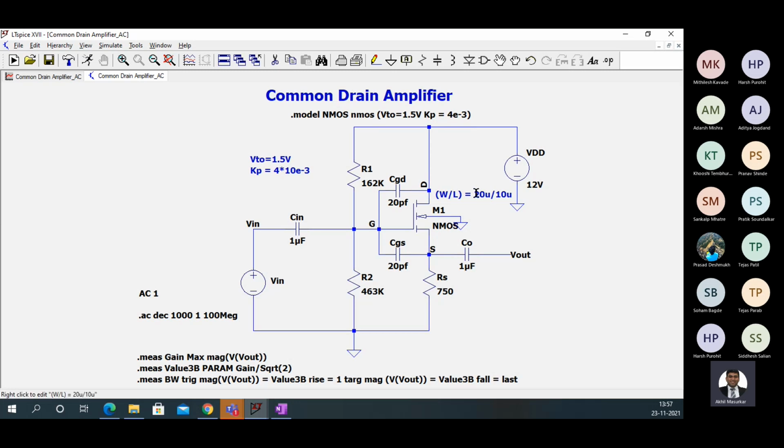Come on, quickly do this. Post the circuit as well as the waveforms in the chat box.